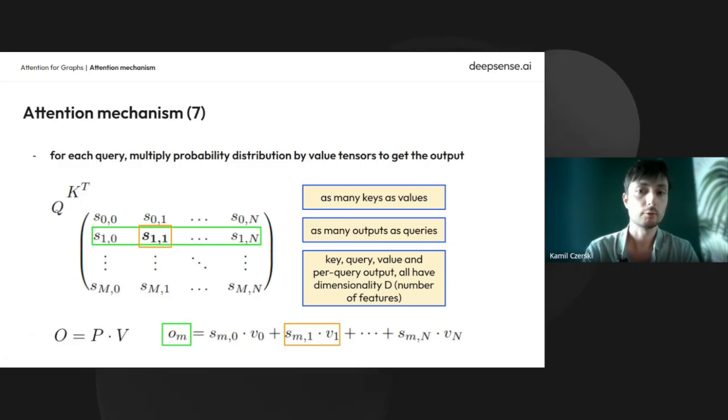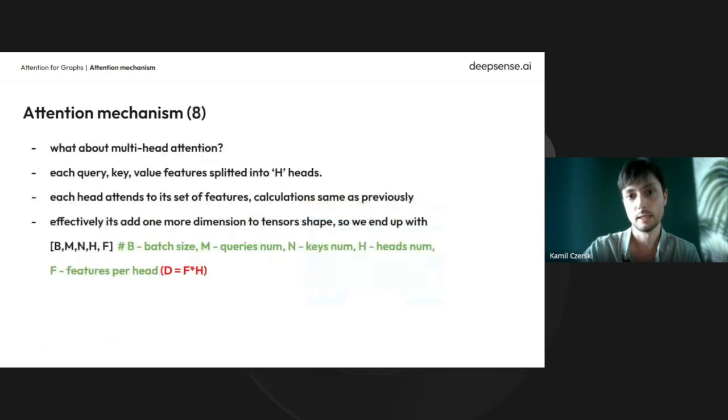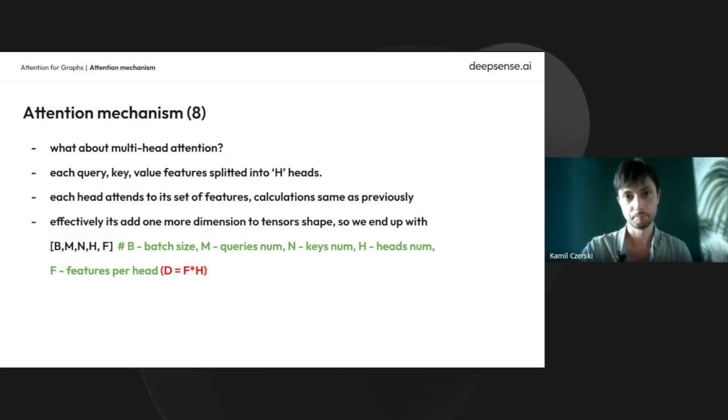There are as many outputs as queries, and each of them, key, query, value, and per-query output, all have the same dimensionality, which is also the number of features. Often you will also encounter multi-head attention, but it's nothing more. It's very simple. You take a big feature vector. Let's say that your keys and queries have 1024 features, and you divide them into separate bins, separate heads.